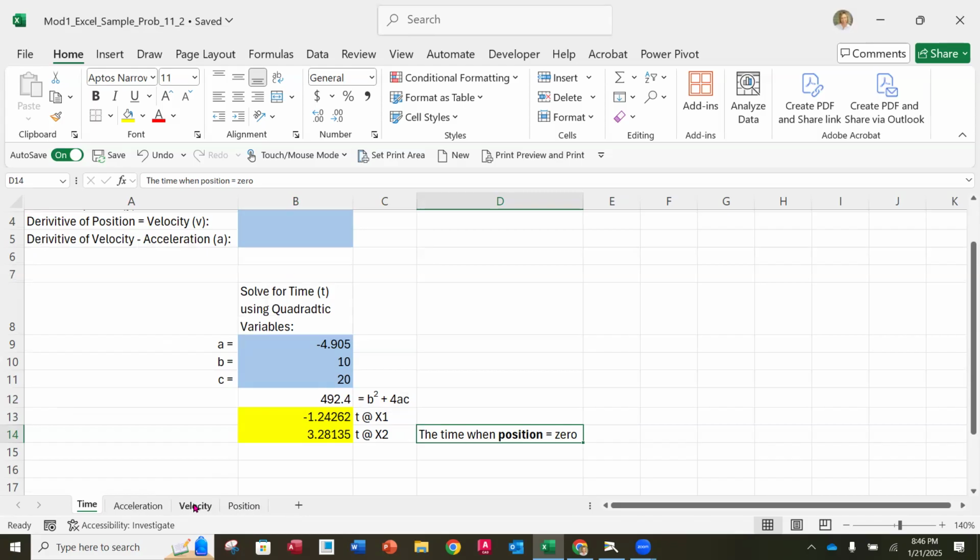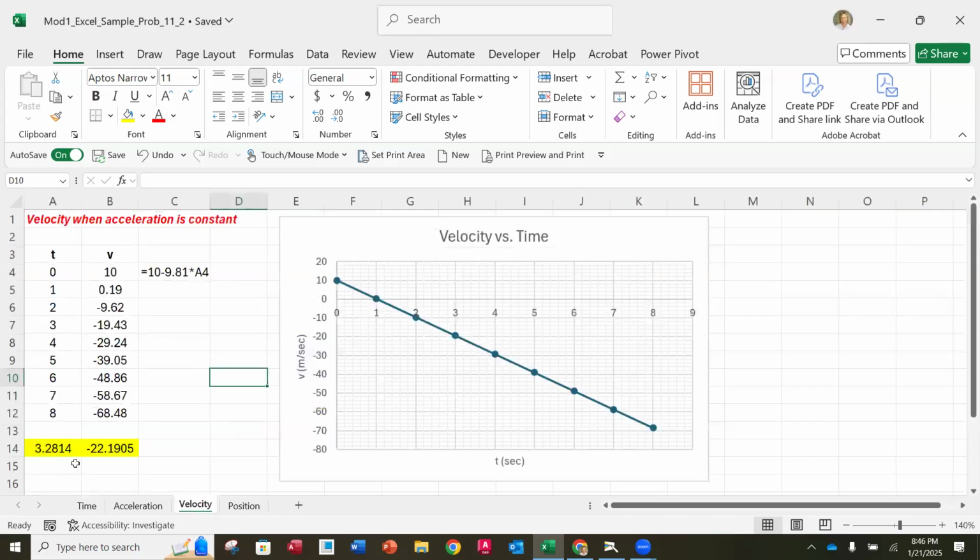So if we go to the velocity here, you can put that in as a time, and then you can copy the function that you had down at the bottom in that corresponding cell, and you should get negative 22.19 meters per second. Now, again, make sure that on your graph you have the proper units on that vertical axis.